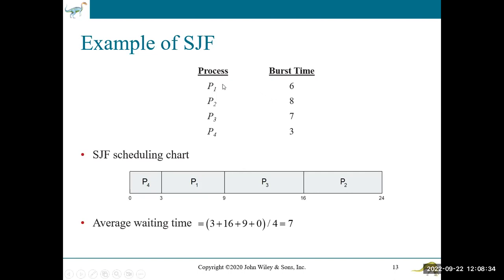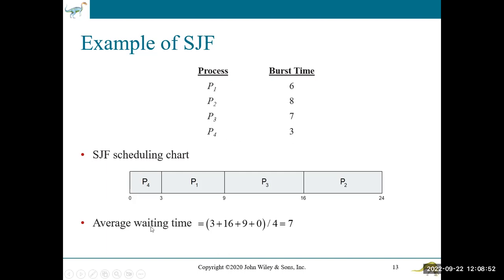So let's take a case where you have 4 processes, and the burst time for each is listed here. So if you take the shortest process first, that would be P4.